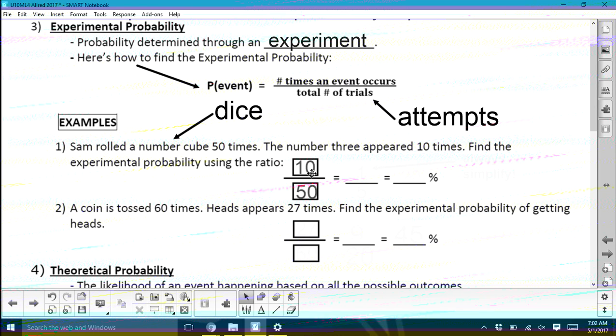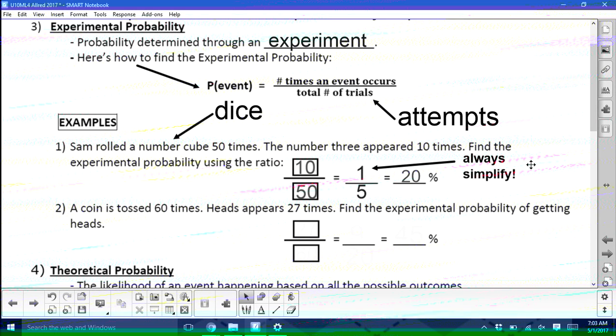I would write it as a simplified fraction, like 1/5. We're always going to simplify, and we can also write it as a percentage. If you use your percent proportion from Unit 6, that's about 20%. The 10 times he rolled a 3 over the 50 times he did the experiment is about 20% or 1/5.